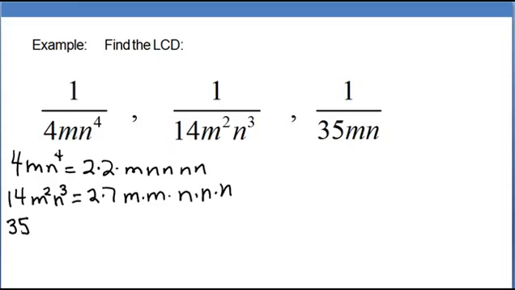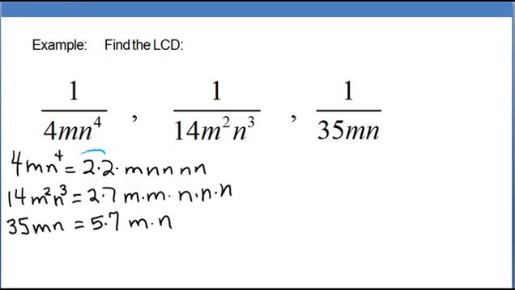So let's write it first. 35mn, and then we'll break it down. So 5 times 7, and an m and an n. Now we're ready to pick our common denominator. So we're going to take each type of factor we have. So we're going to need 2's, 5's, 7's, m's, and n's. And we'll take it where we have the greatest occurrence.